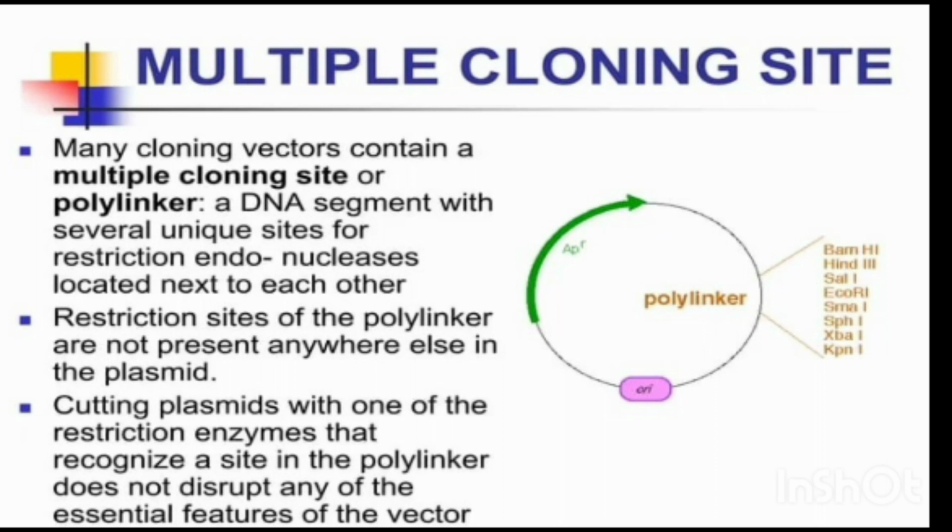The restriction sites of polylinkers are not present anywhere else in the plasmid. Cutting the plasmid with any one of these restriction enzymes that recognize a site in the polylinker does not disrupt any of the essential features of the vector.